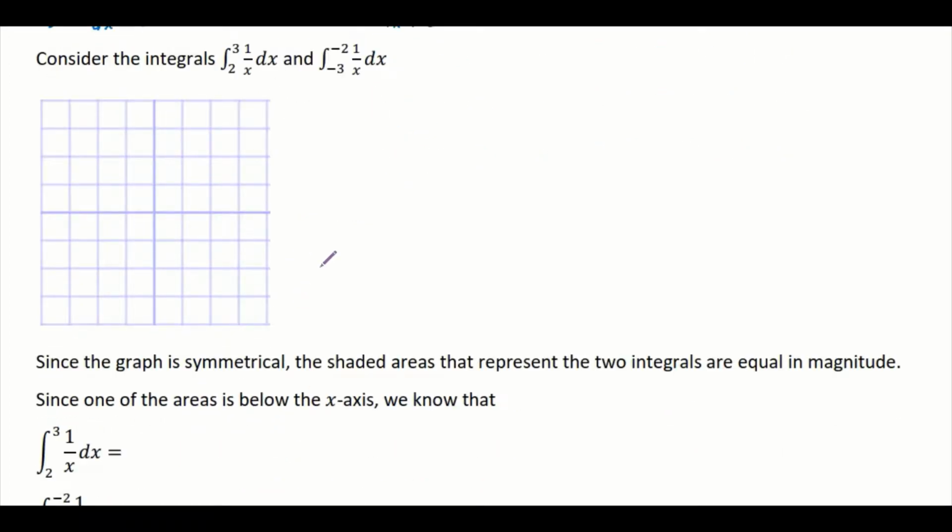All right, so now let's look at the second part, where we look at this special function in another way. We need to find the integral from 2 to 3 of the function 1 over x. So let's try to draw the graph first.